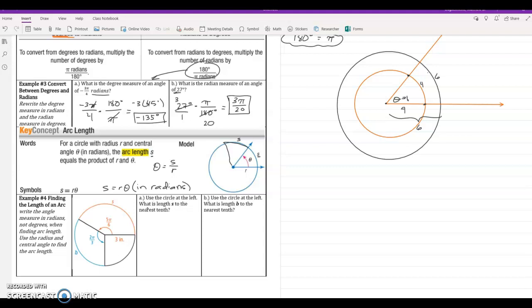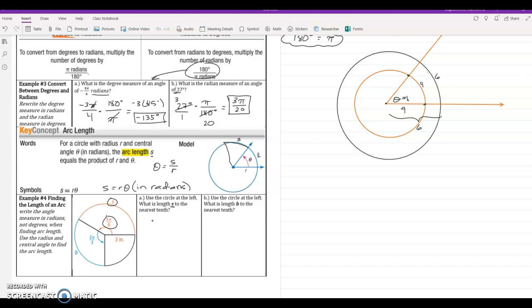Use the circle at left to determine what is the length of the arc S to the nearest tenth. So over here is my arc S. If you look, which of the angles is central to S? So S is the orange arc. Of my angles around the center of the circle, I can see that the 5 pi over 6 corresponds to it, because that's the amount of rotation that leads to us having this full arc.